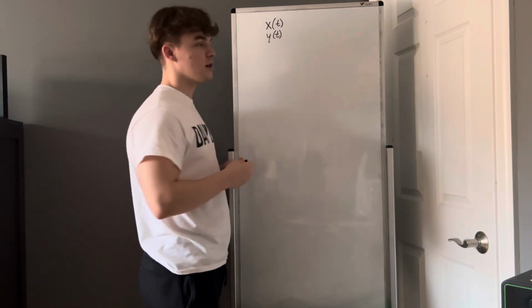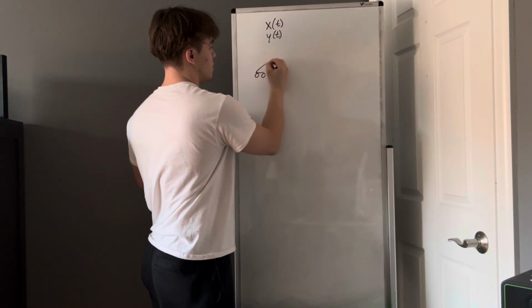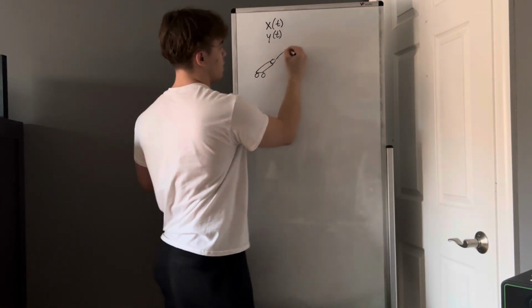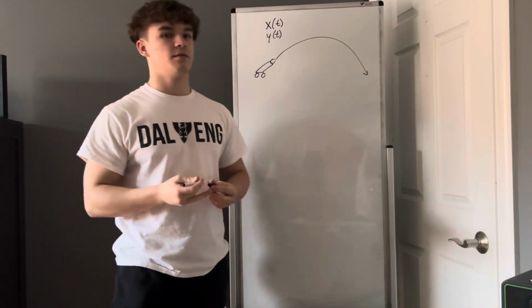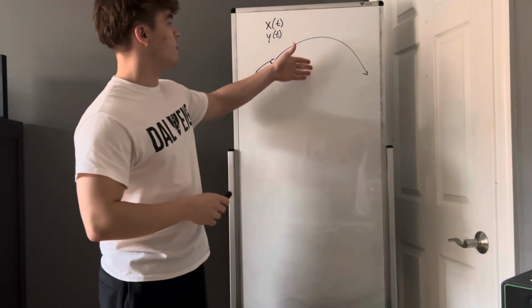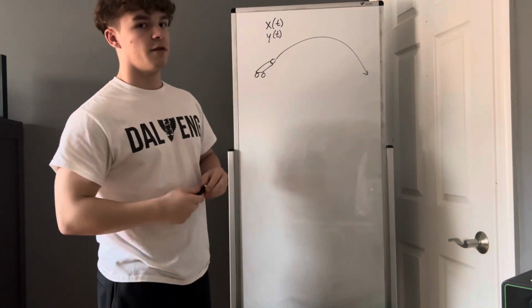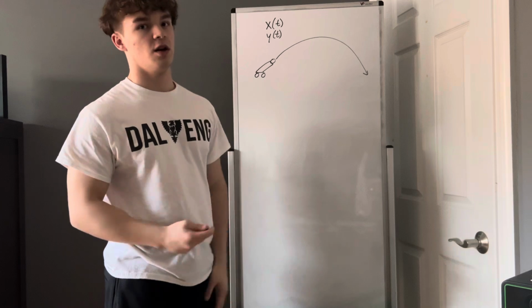A certain case we might use is something like projectiles in physics. Let's say we had a little cannon here and it was shooting a cannonball and we wanted to know how does the position of that cannonball change? Well, we would usually write one equation for how y changes according to time and how x changes according to time.